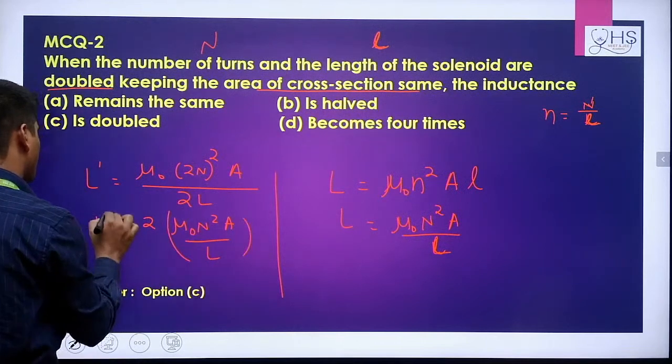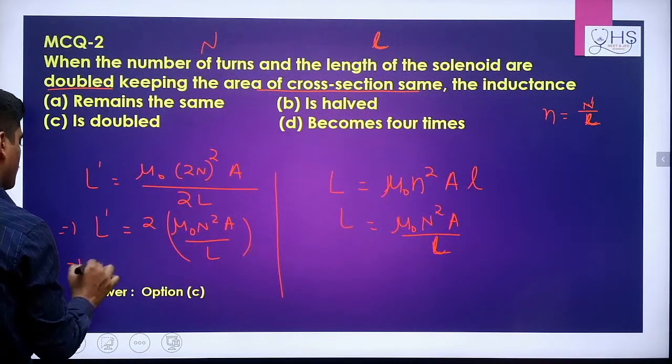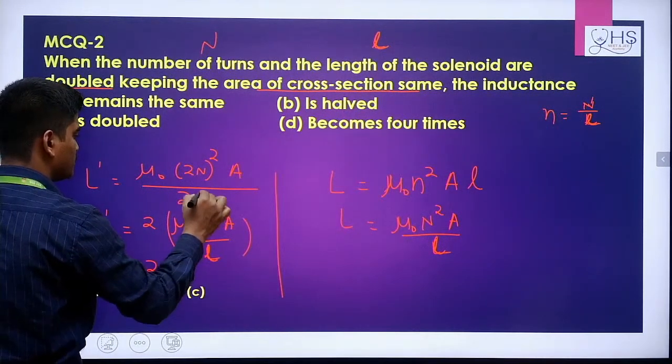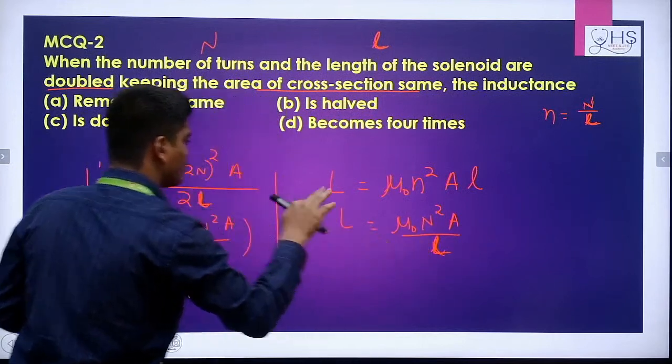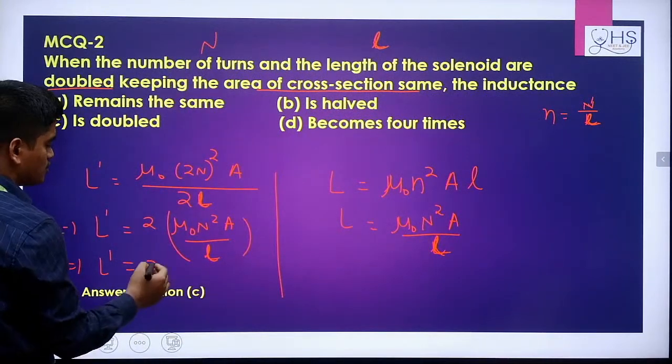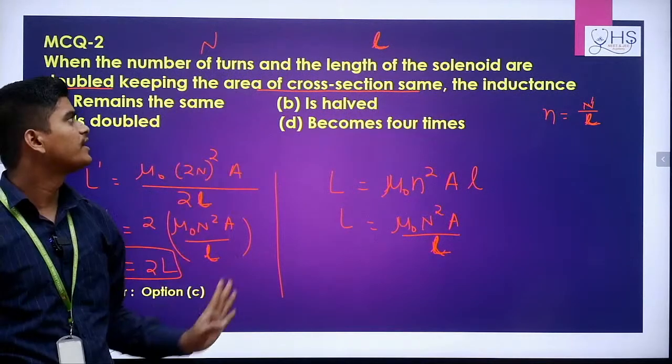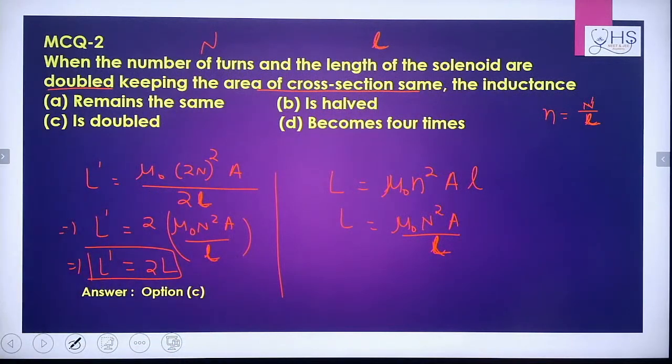So L prime is how much coming? L prime is nothing but 2 times the original. Whatever I am writing down here is length only. Capital L is the self inductance in this case, and small l is the length.